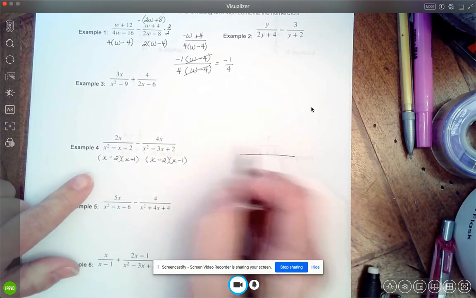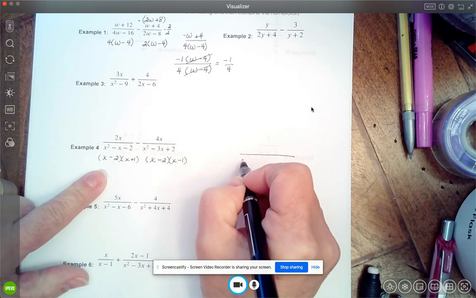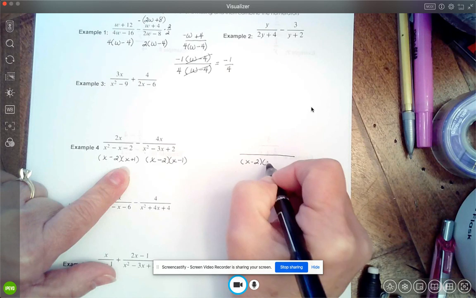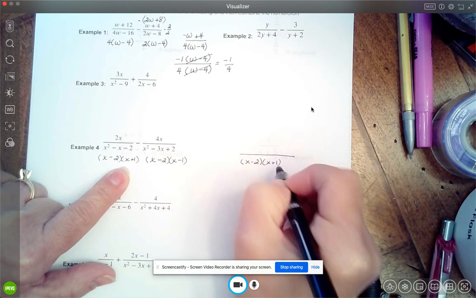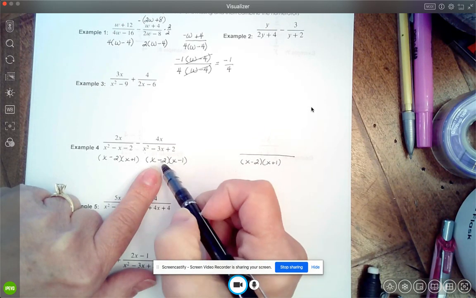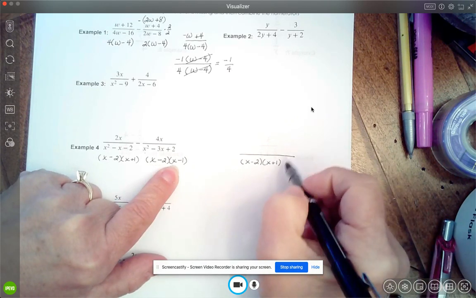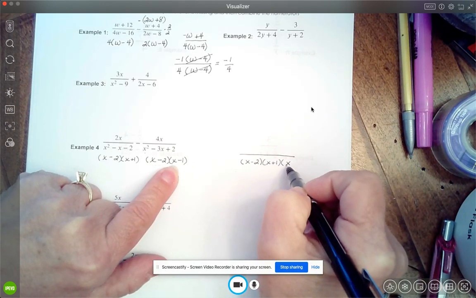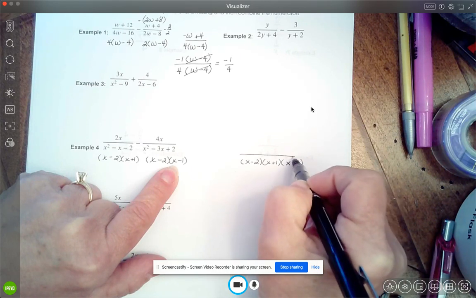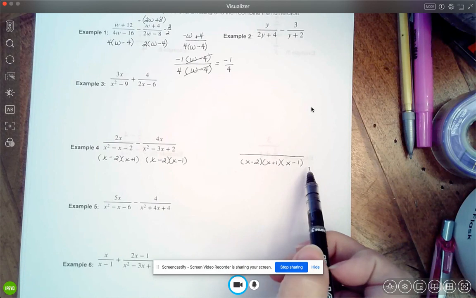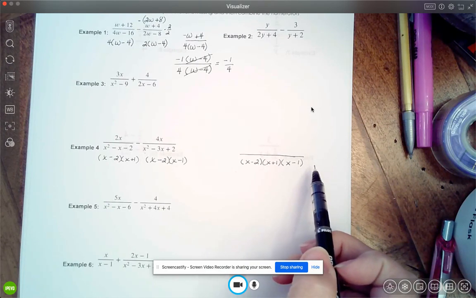The way I do it, I take the first one, I have an x minus 2, I have an x plus 1. Over here an x minus 2, I've already got it written down, and I have an x minus 1, I don't have that over here, so I need to write it down again, okay? So this is going to be my denominator.